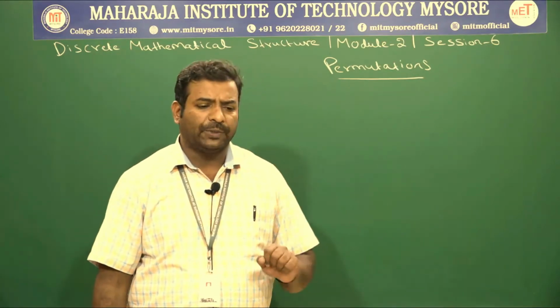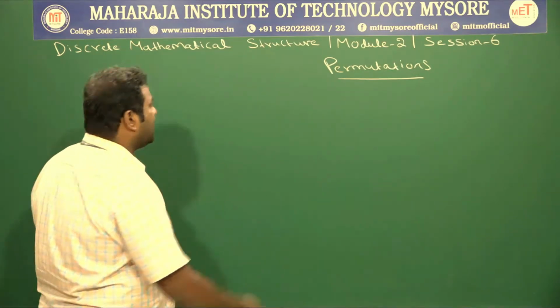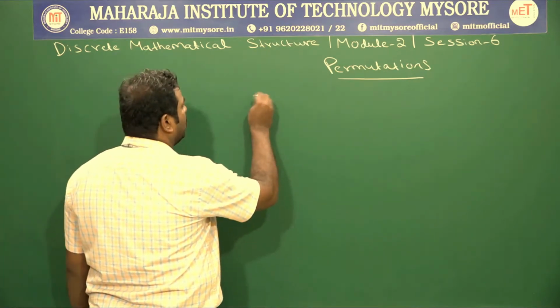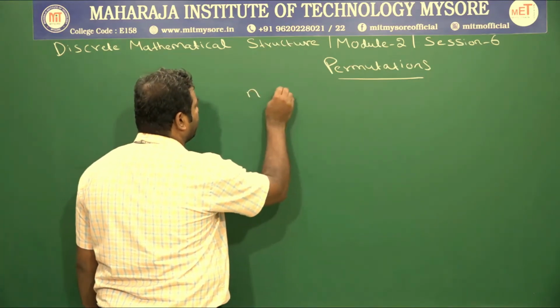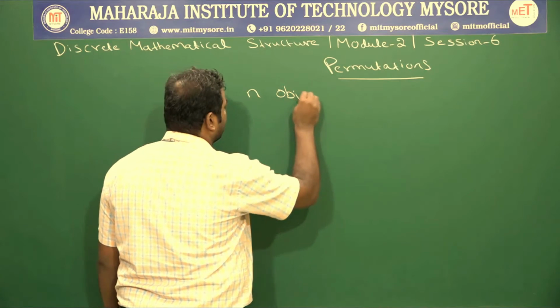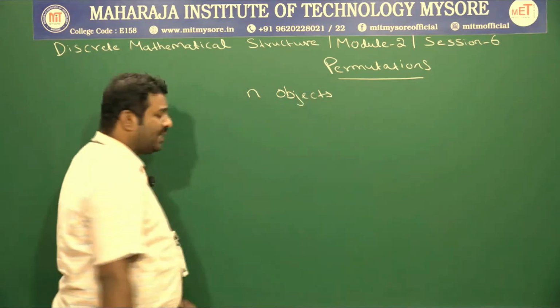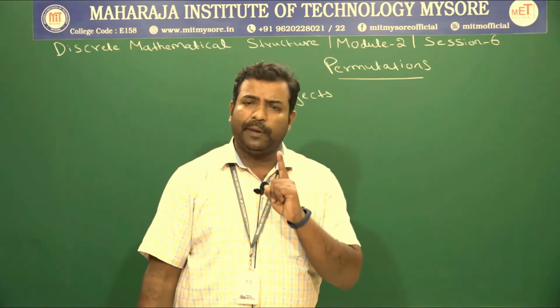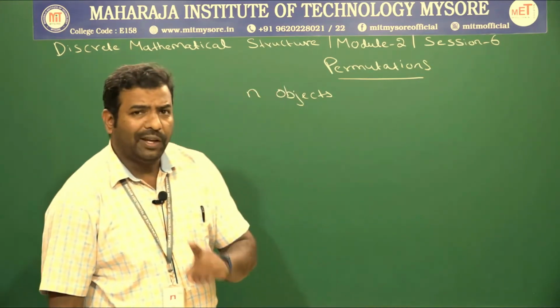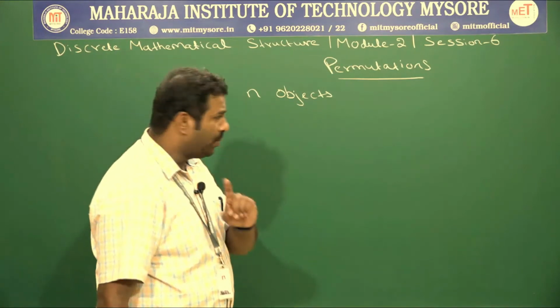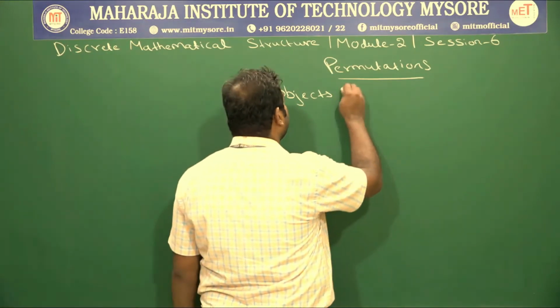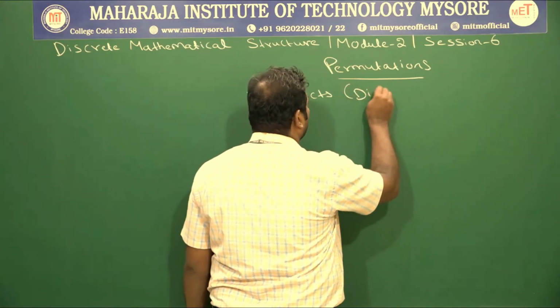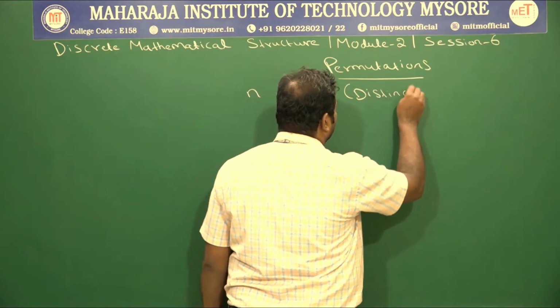These objects can be anything, but you need to make sure they are distinct objects. Hence, n objects which are distinct.